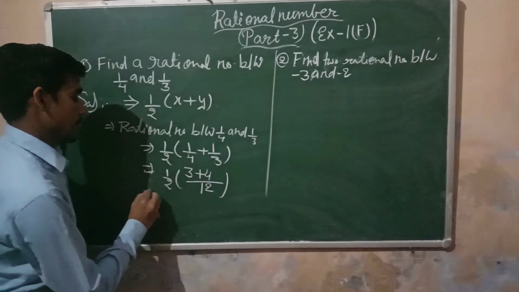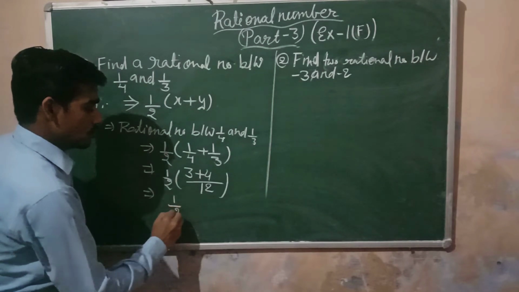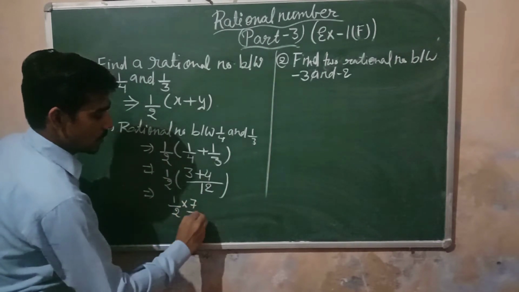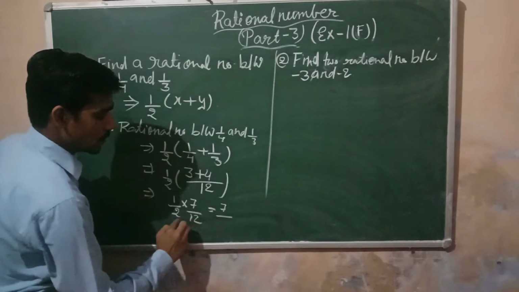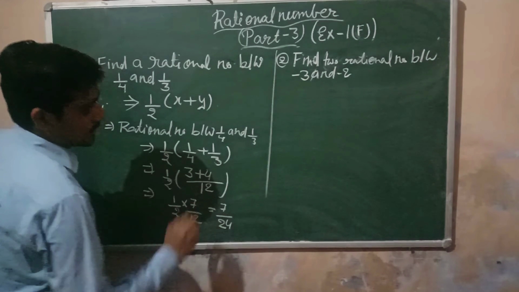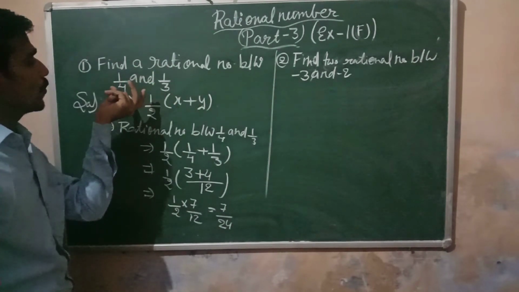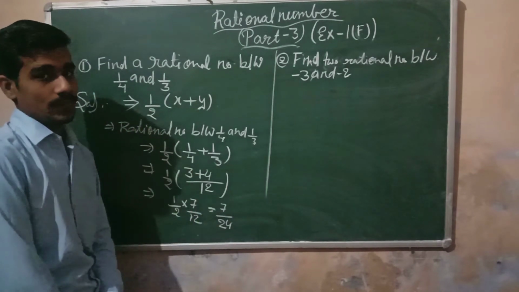Clear, student? 1/2 multiplied by 3 plus 4 is 7 upon 12, and 7 ones are 7 upon 4 twos are 24. This is your answer. The rational number between 1/4 and 1/3 is 7 upon 24.